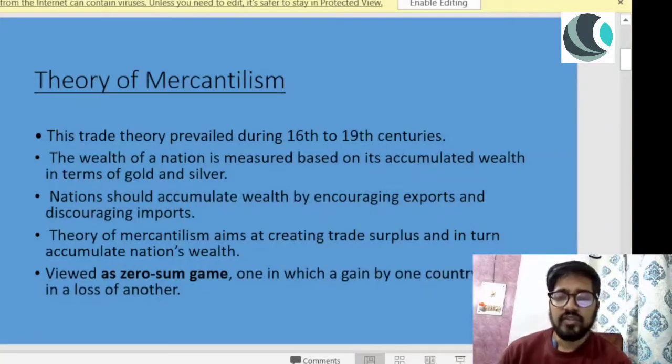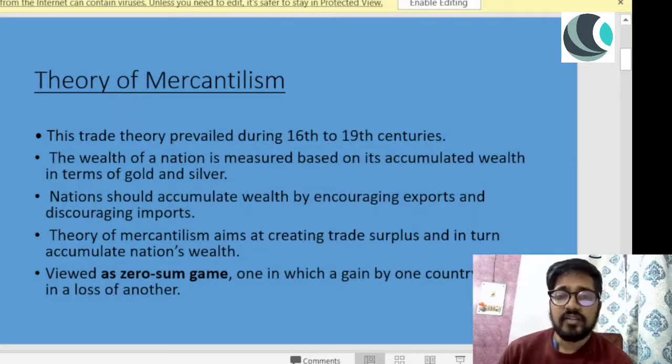Next, what this theory suggests is the most important part. Nations should accumulate wealth by encouraging exports and discouraging imports. Basically, you export more to other countries and gain, and discourage imports by giving gold and silver in return. So, you accumulate wealth, right? This is the main agenda of this theory.